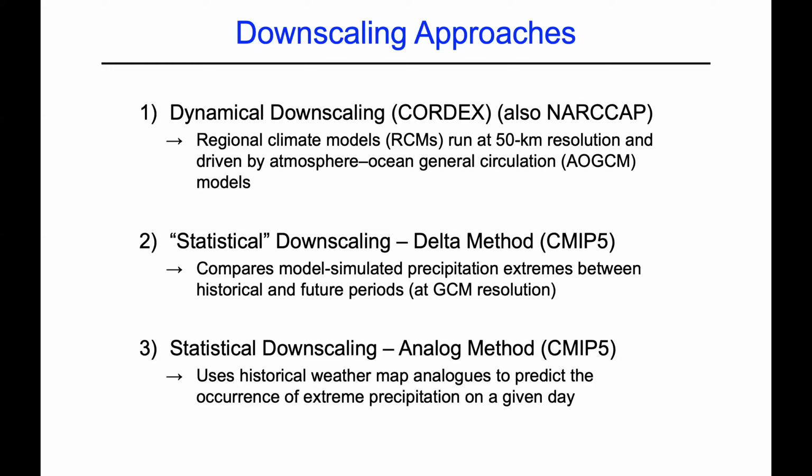It's in a class of downscaling approaches called analog methods. The premise of these methods is that we looked at pattern matching between historical weather maps and those that might have been simulated by the models in the future.